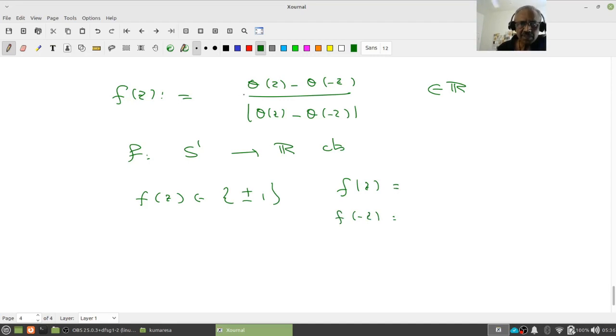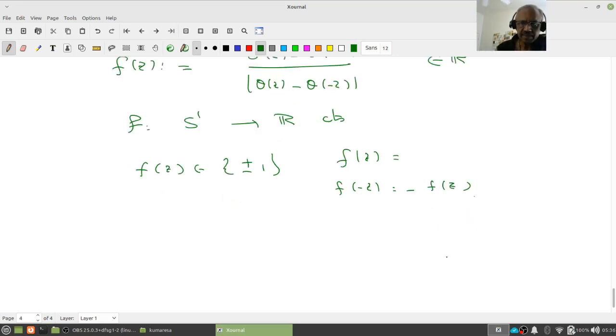If I interchange z and minus z here, then you can see it is nothing other than minus f of z. Right? Now what does this say? Start with z. Therefore f of z is either plus 1 or minus 1. If f of z is plus 1, then f of minus z is minus 1, and vice versa, right?